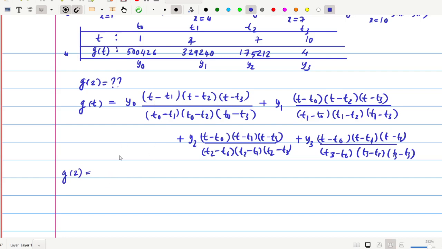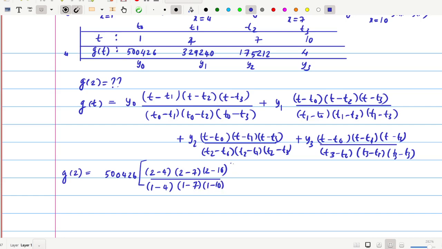So the first term will be 500426, that is y0, times, substituting the values, (2 minus 4)(2 minus 7)(2 minus 10), divided by the denominator, where t0 is 1: (1 minus 4)(1 minus 7)(1 minus 10).